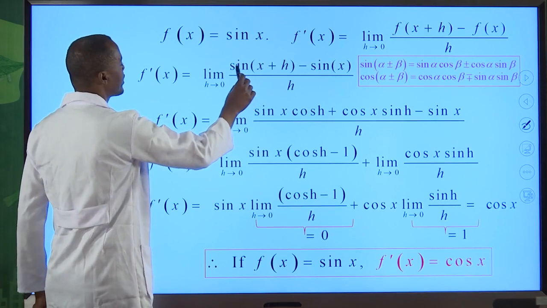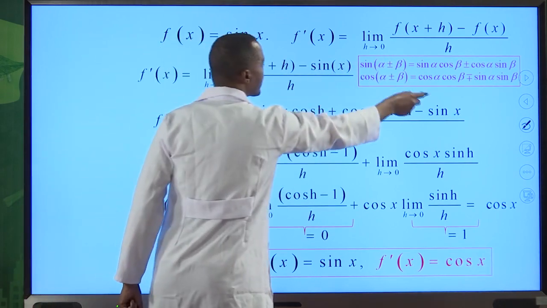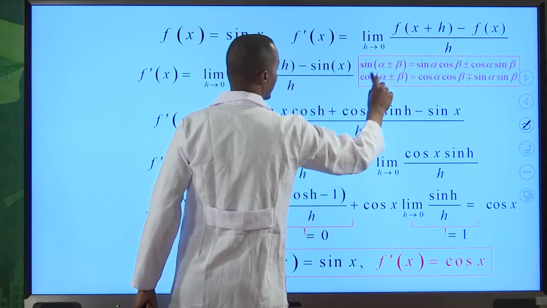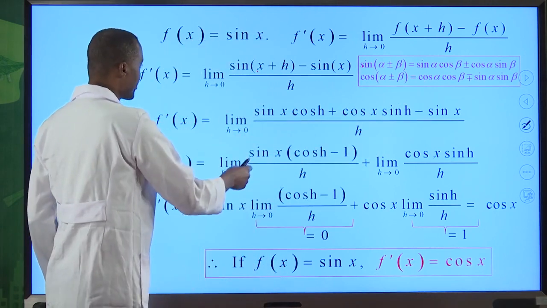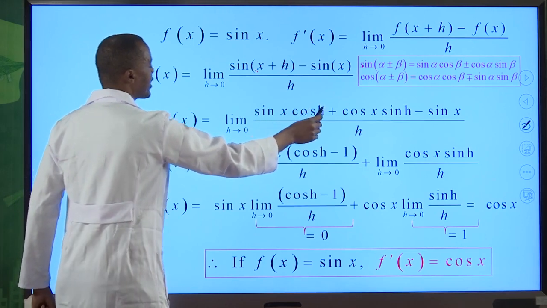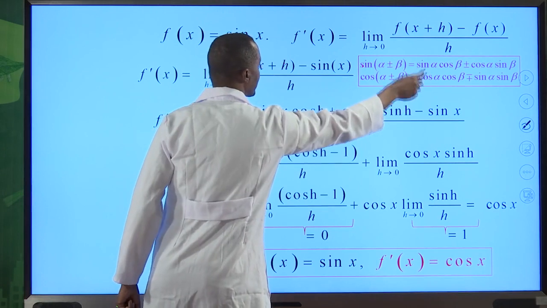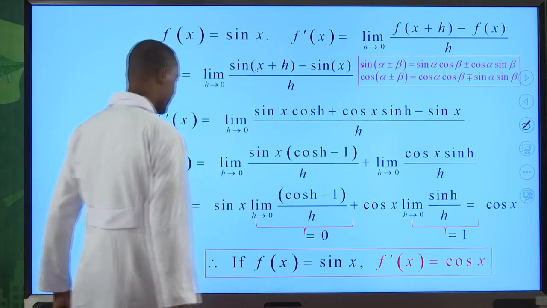So if I substitute in sine of x plus h minus sine of x over h, I can use this formula for expanding sine of a sum and difference of angles, and the same for cosine. Then sine of x plus h is sine x cosine h plus cosine x sine h, minus the same thing sine x, over h.